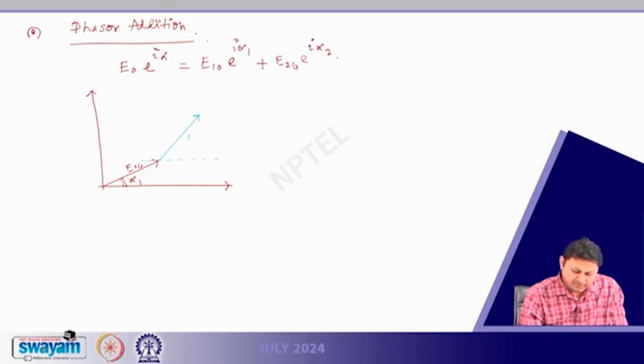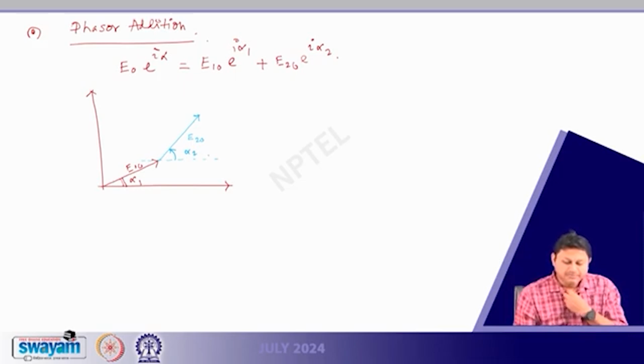So now this value is 20 and the angle it is making is alpha 2. Okay, so alpha 1 and alpha 2 are the angles, and we get this.